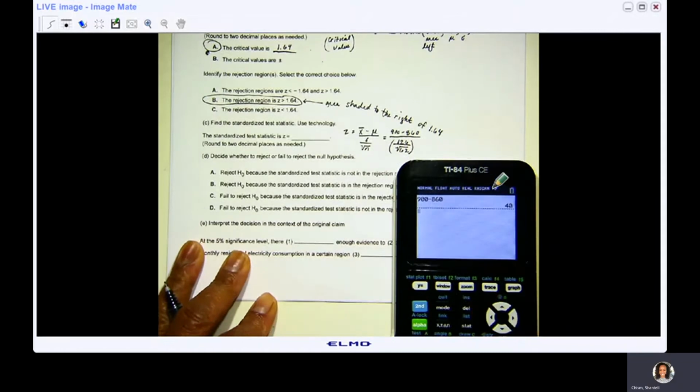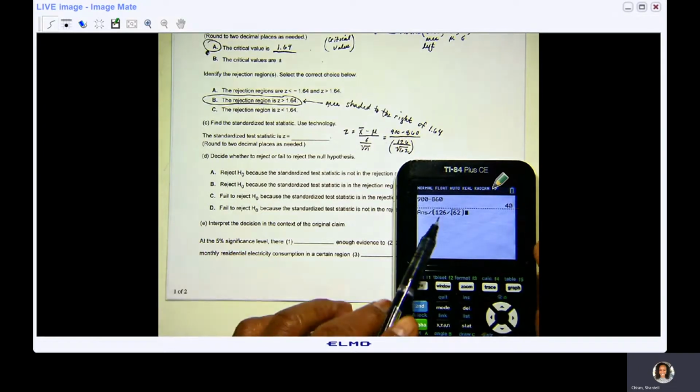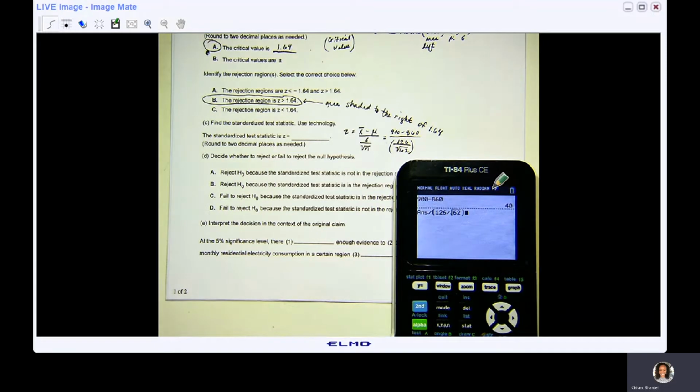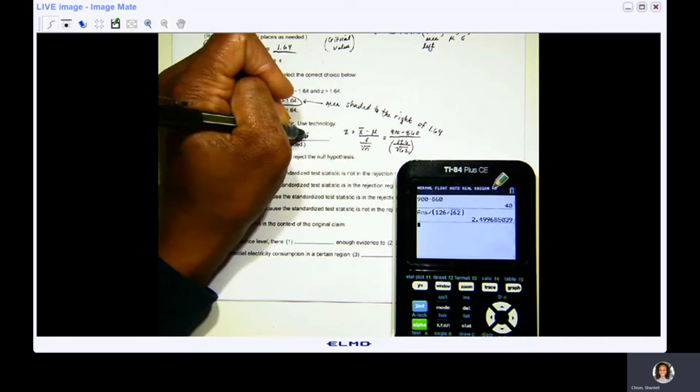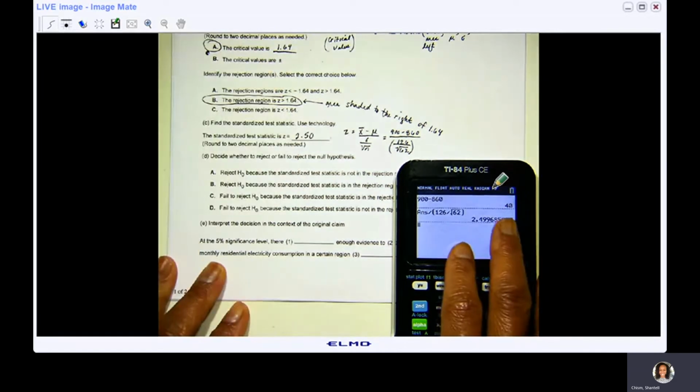Then I divide that by parentheses 126 over the square root of 62. I put that whole thing in parentheses so the calculator knows I'm dividing 40 by this whole value. We got 2.4996. Let's round that to 2 decimals, 2.50. That's our test statistic.